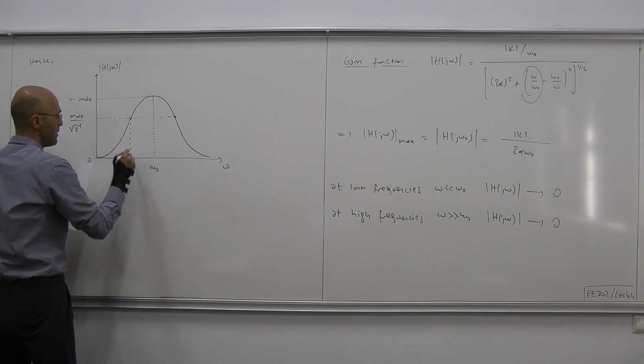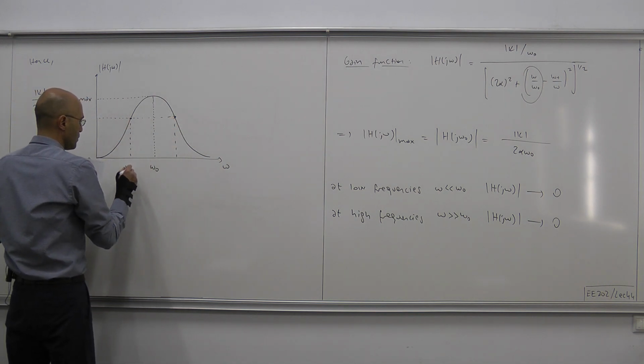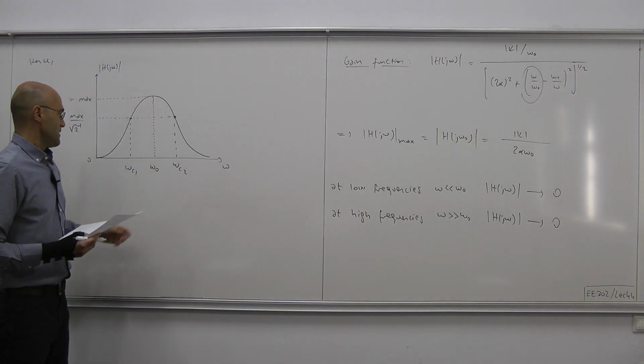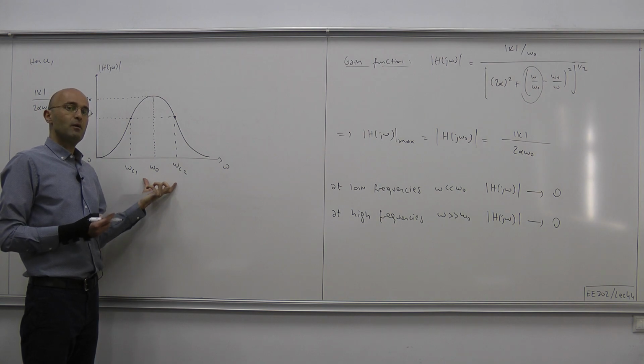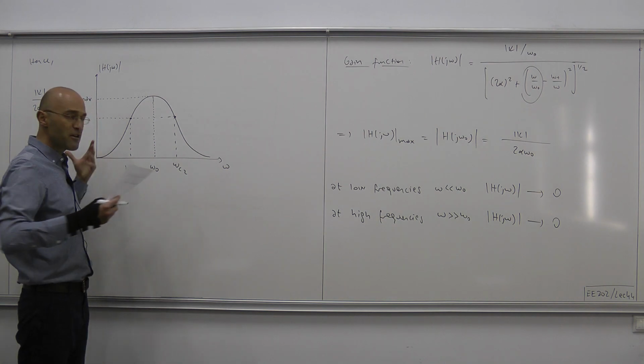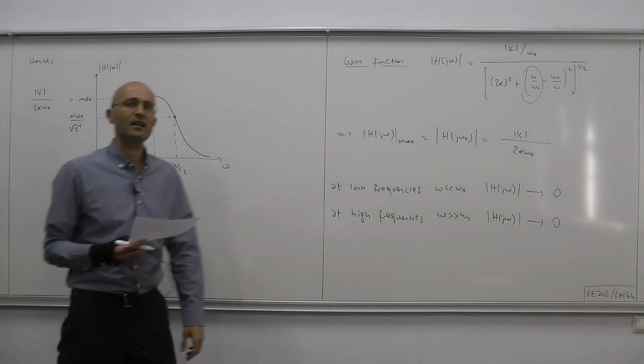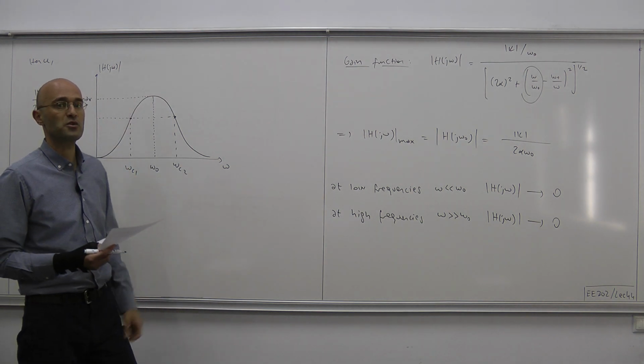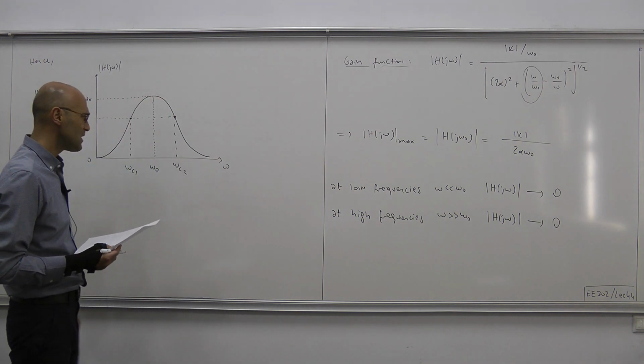Those frequencies, remember, we called the cutoff frequencies, and between the cutoff frequencies we have what we call the passband, and anything outside the passband we're calling the stop band.